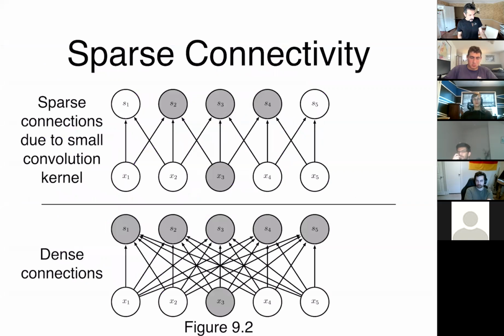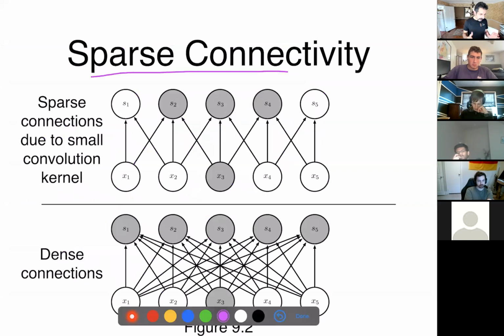Okay, let's talk about this. Sparse connectivity is very simple, right? So here in a dense, deep neural network, or densely connected network, you remember the fully connected network, each of these inputs is connected to all units in the output, right?